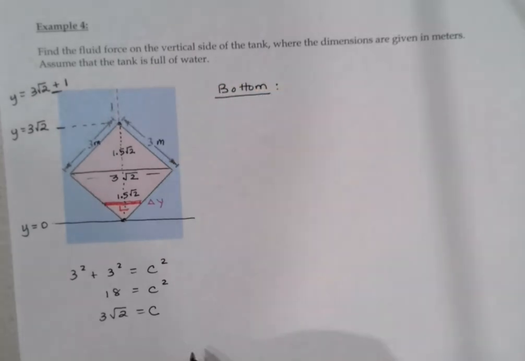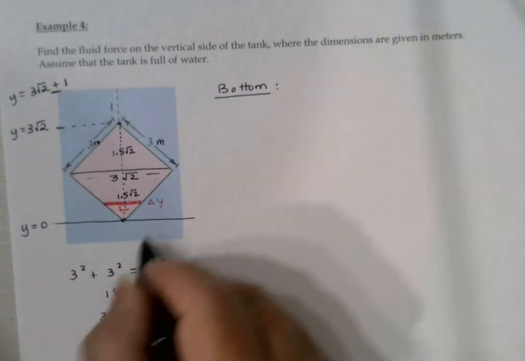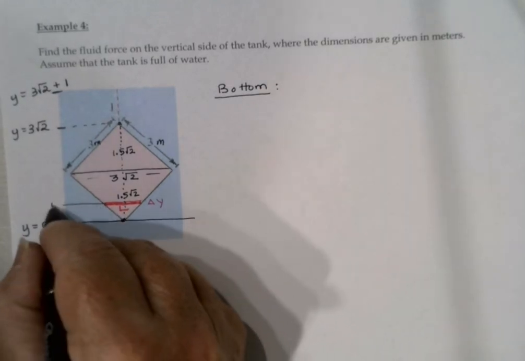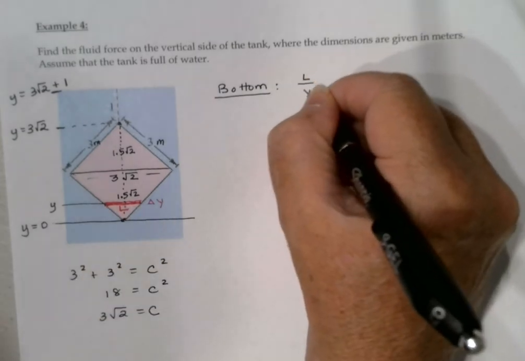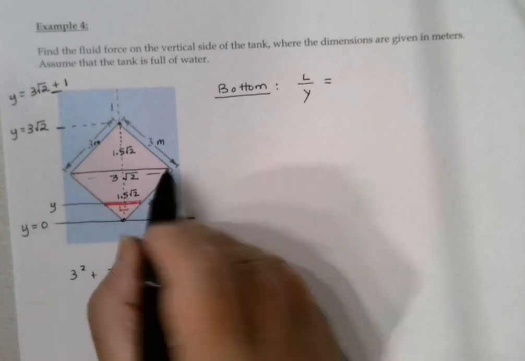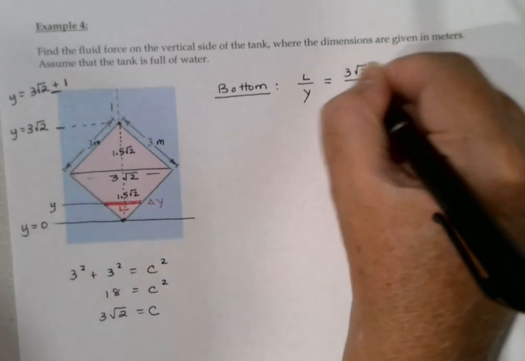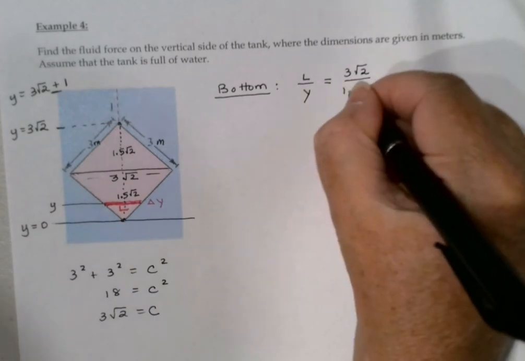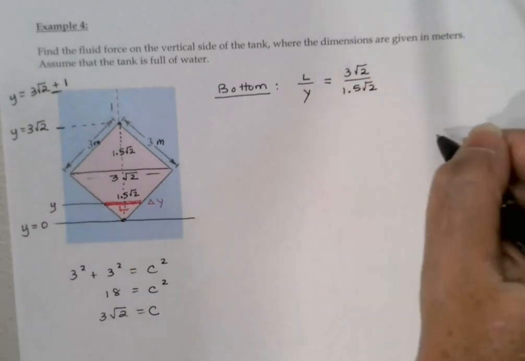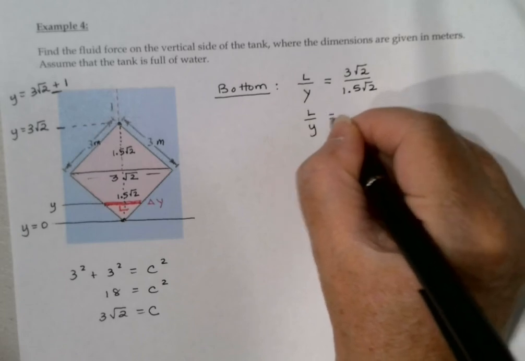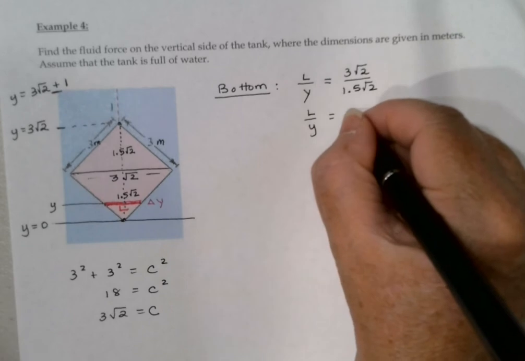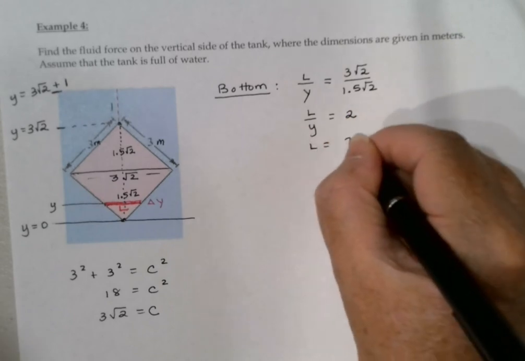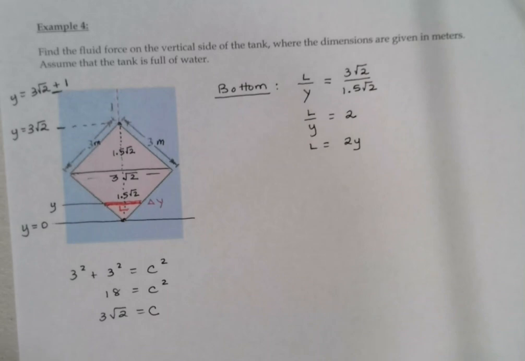This is a height y, so L over y would be 3 square root 2 over 1.5 square root 2, which simplifies to 2 over 1. So L would be 2y. All right, we'll use that to set things up here.